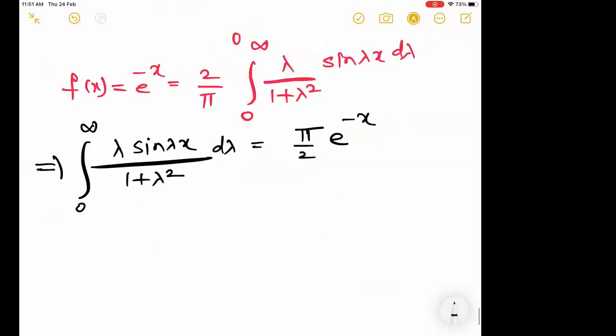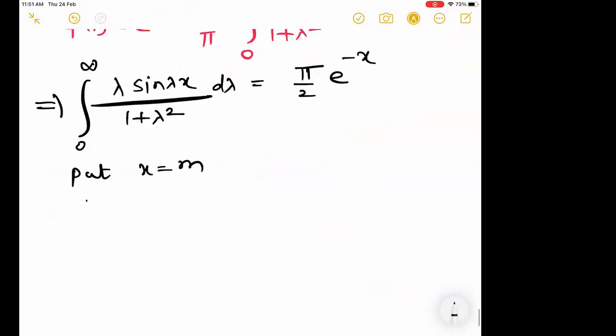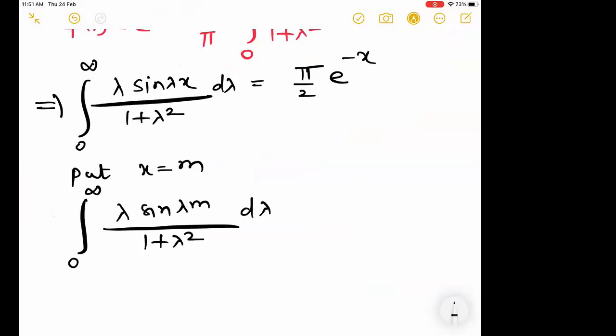And first of all, you put the answer we want in terms of m. So put x is equal to m first. And then again replace lambda is equal to x. So lambda sin lambda m upon 1 plus lambda square d lambda is equal to pi by 2 into e raised to minus m.